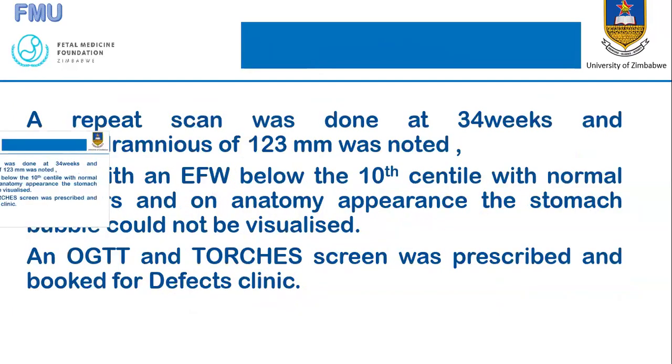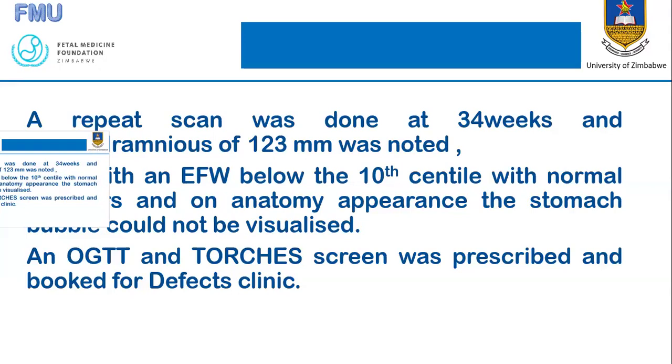Unfortunately, the theater was busy, and the cesarean section could not be performed. The patient remained in the ward until, I think, she was 34 weeks, and a repeat scan was ordered at that gestational age.